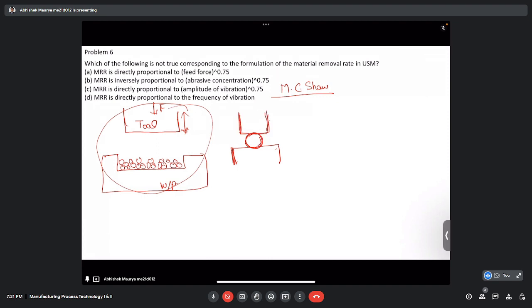McSaw first tried to make a mathematical model assuming the shape of the abrasive particle is more or less spherical.